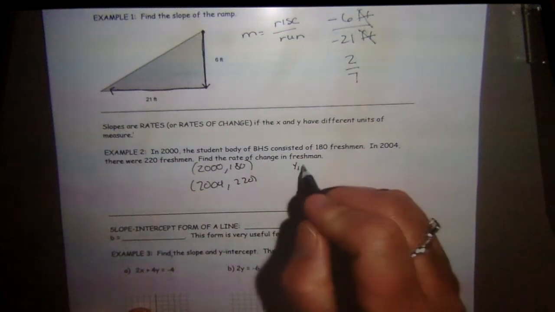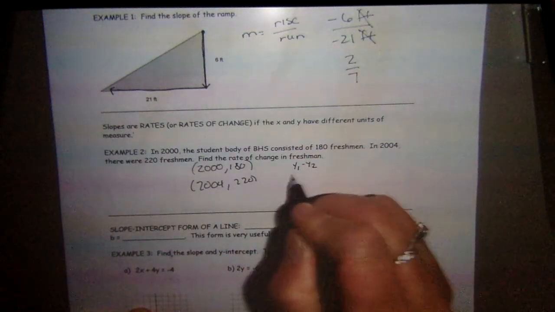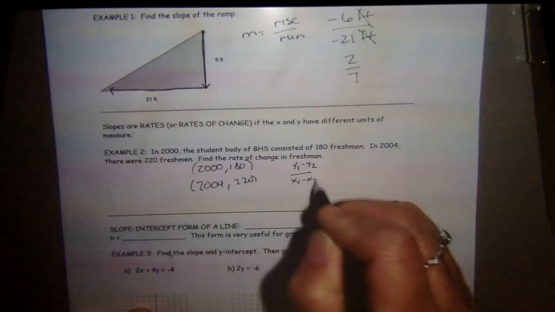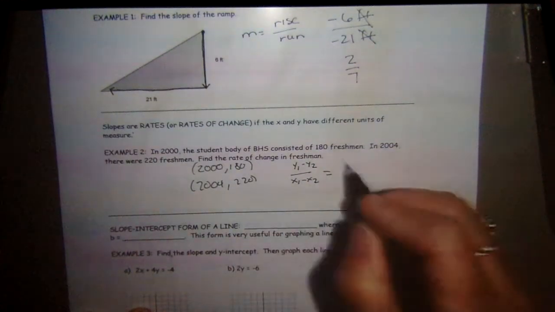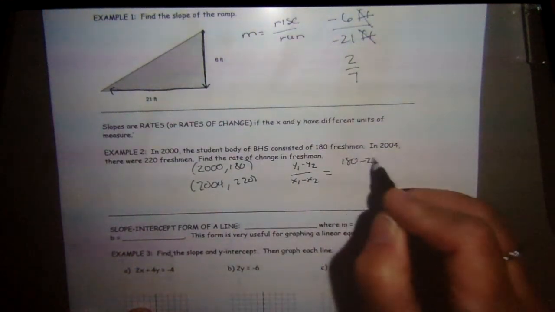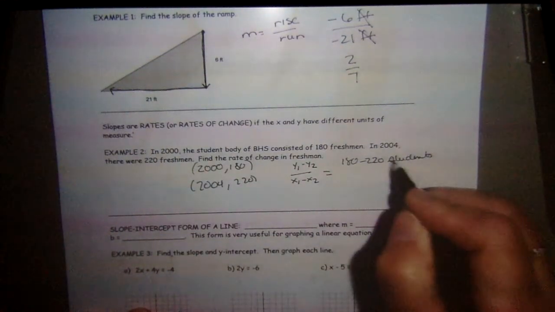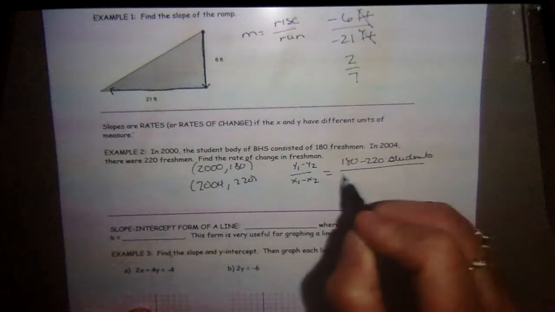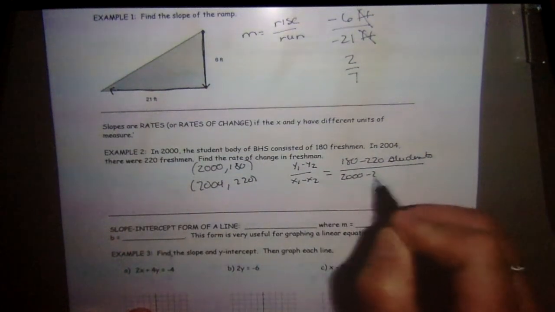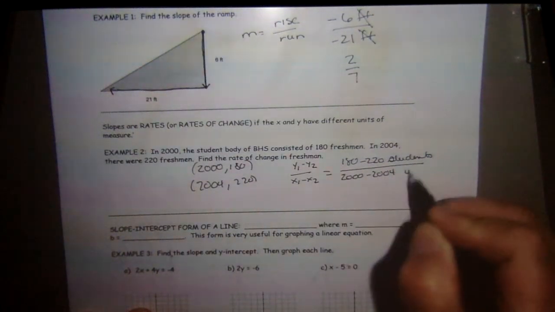That's going to be the difference in your y's over the difference in your x's. 180 minus 220, that's students. 2000 minus 2004, that's your year.